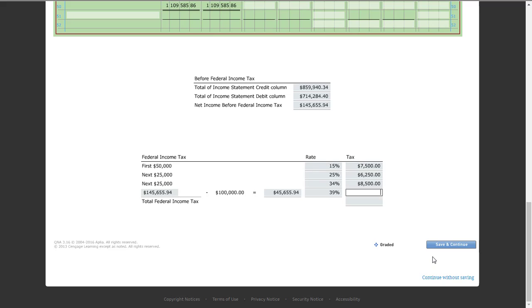So take 45,655.94, multiply that by 39%, and what do we owe there? 17,805.82, right? Now, to determine my total federal income tax, I need to add up 7,500, 6,250, 8,500, and 17,805.